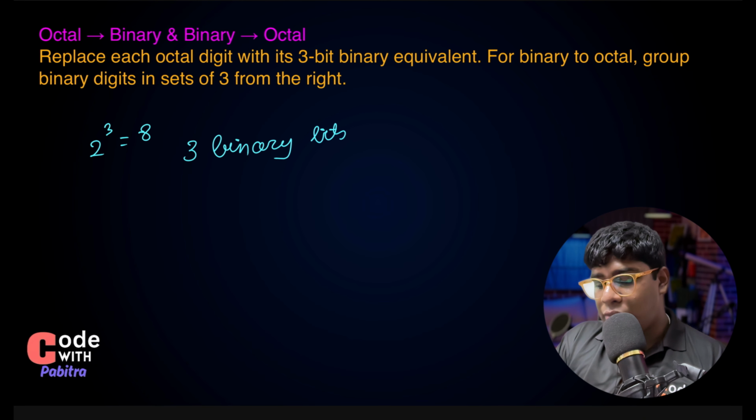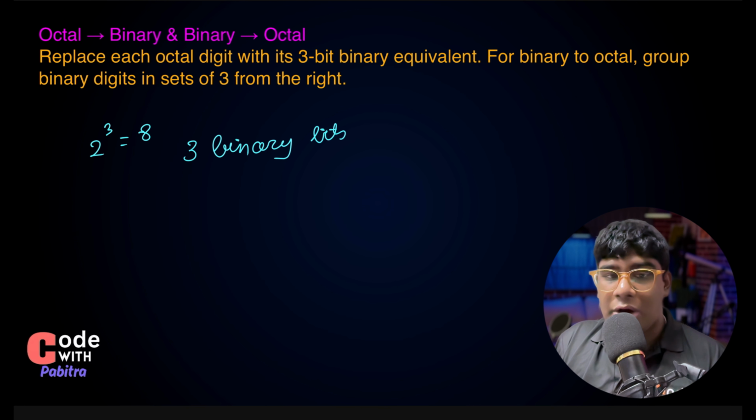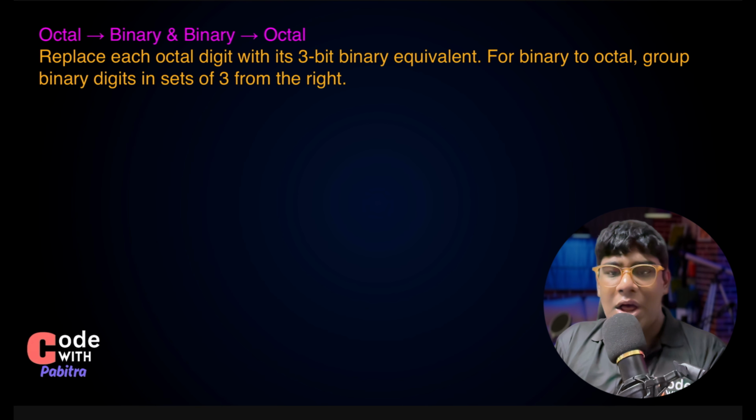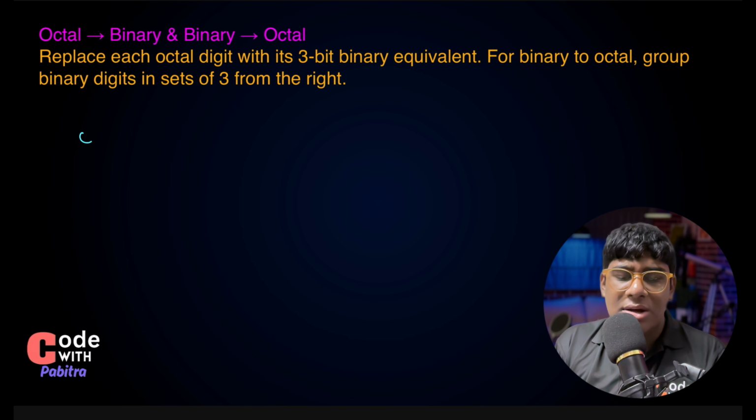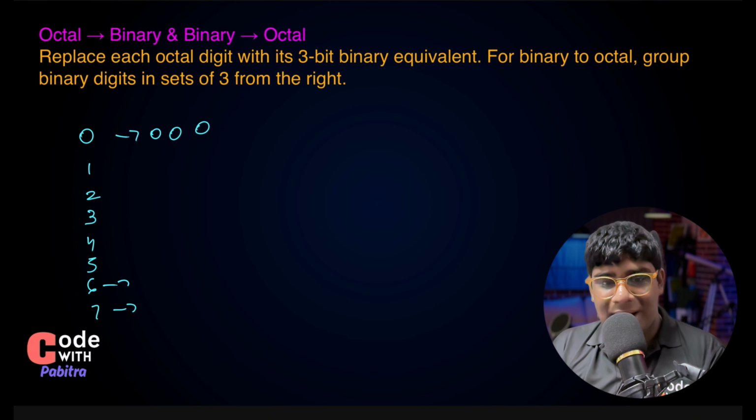And what is octal to binary conversion? To convert octal to binary, replace each octal digit with its 3-bit binary equivalent. So you need to learn this 3-bit binary equivalent. 0 octal means 000 in binary. Similarly, 1, 2, 3, 4, 5, 6, all the way to 7.